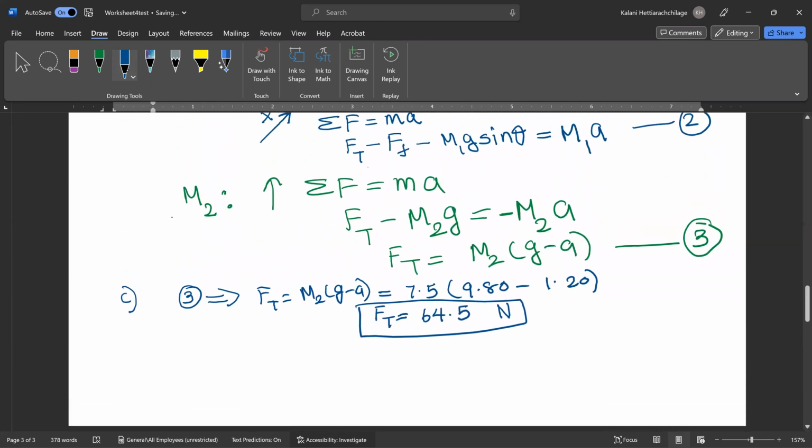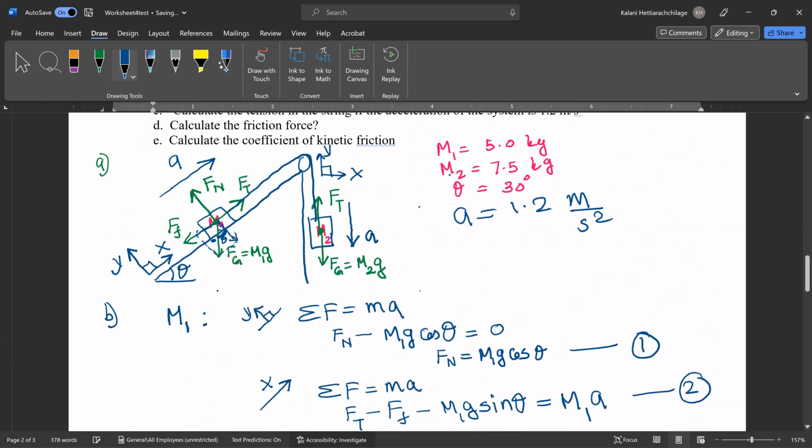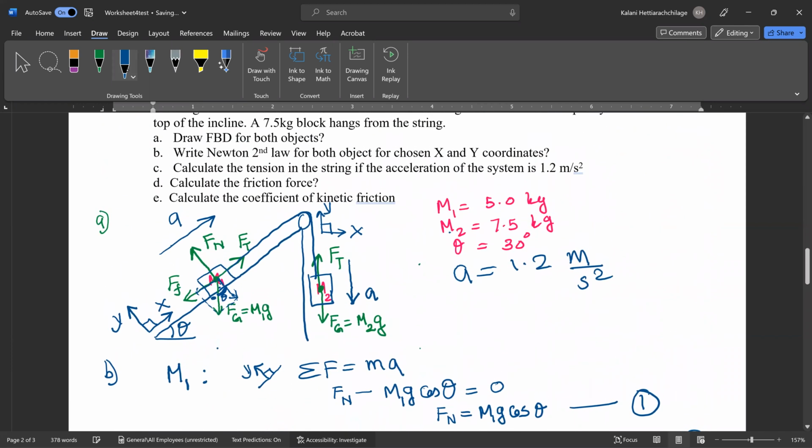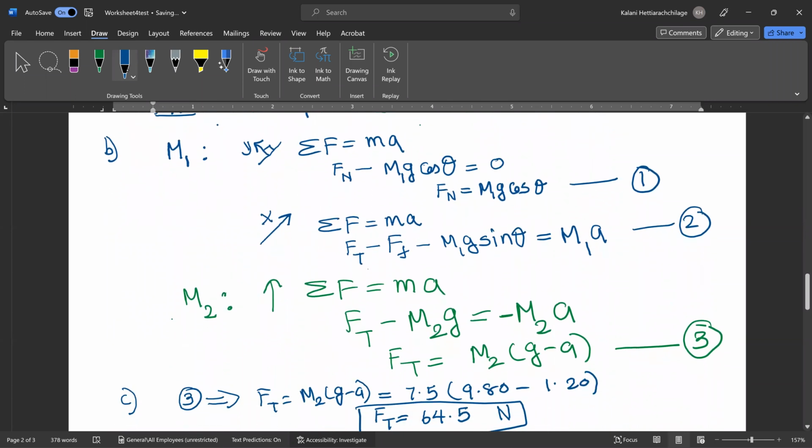Okay, so now let's move into part D. What is part D asking? Part D is asking to calculate the friction force. Now you need to think: can you calculate the friction force by the given formulas? You see that equation number 2 has a friction, right?